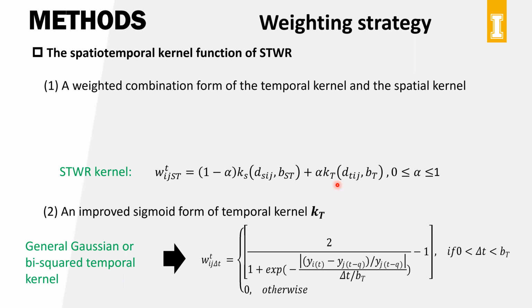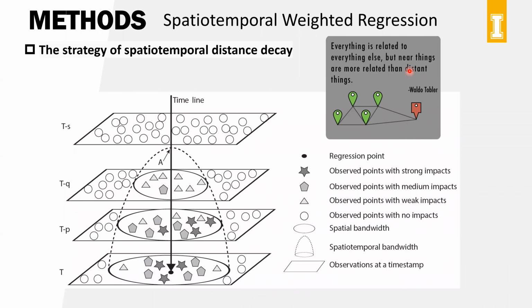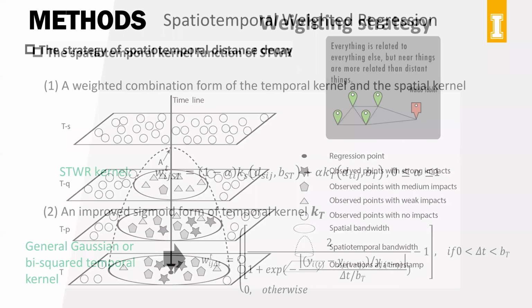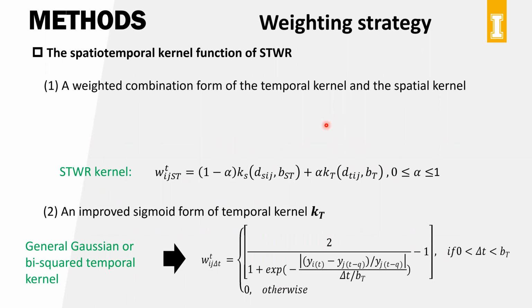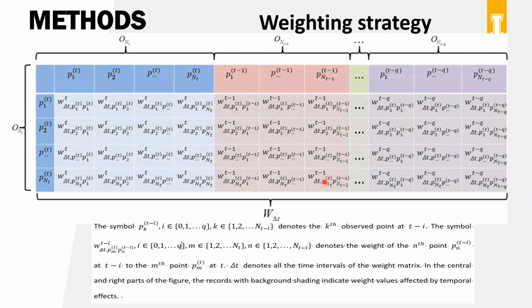Because the nearest things have the higher influence, we adopted a weighting strategy influenced by the distance. And here are the equations. I will not dive into the details of the equations and algorithms because today I mainly will show you the use case and how to use it.